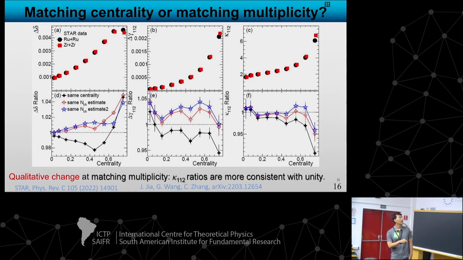For delta gamma, again, it's a qualitative change from below 1 to above 1. And what's more important is the kappa. Previously, it's below 1 by 2%. But now, when you compare them at matching multiplicity, they are consistent with unity, which means we do not see a signal. But this is a more reasonable scenario than below unity.